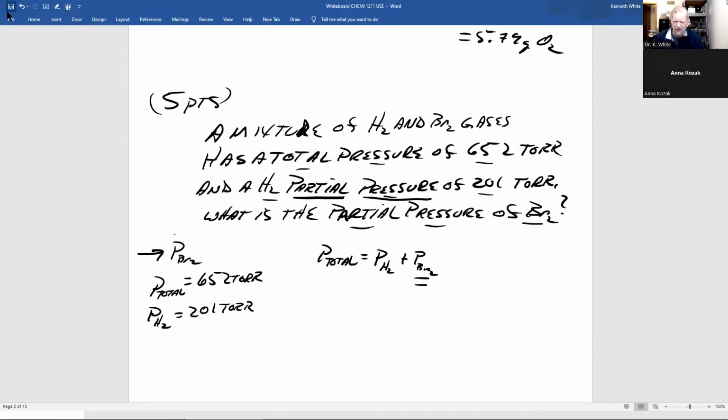Isn't it nice I'm sharing today? I always share the fun, the enjoyment. How many synonyms can I come up with for fun? The pleasure of doing chemistry. It is fun. I hope you're having a good time. I am.